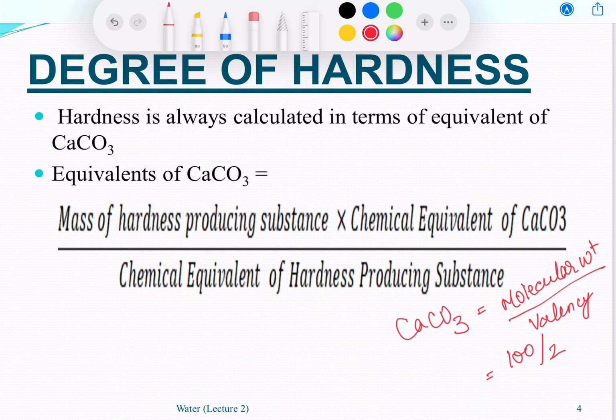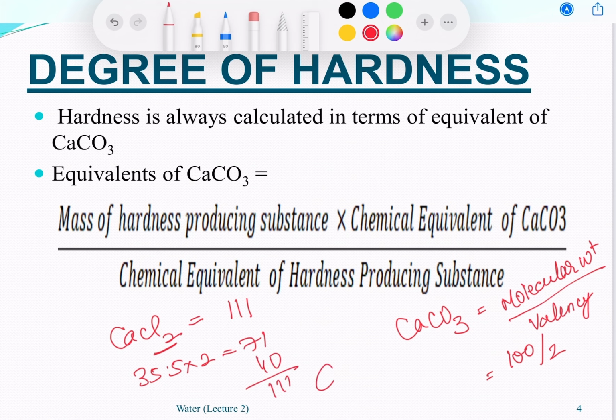Similarly, suppose you have calcium chloride. Chlorine is 35.5, so 35.5 into 2 makes 71, and you add 40 for calcium, so the molecular weight is 111. So the equivalent weight for calcium chloride will be 111 divided by 2.